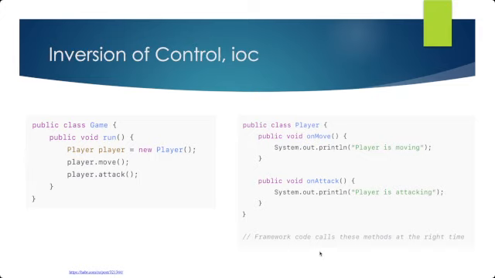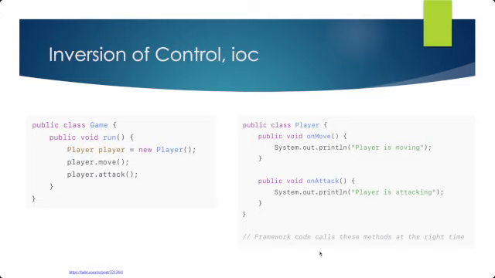For example, here on this slide, I have two examples of code. On the left, we have some class Game with method run, and inside this method we just create new objects and call some methods of these objects. Usually we just call some methods and that's all.